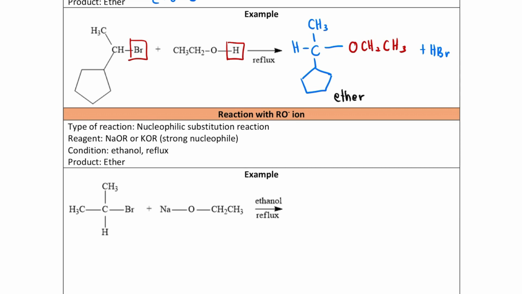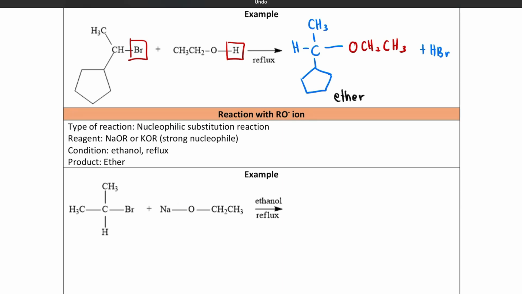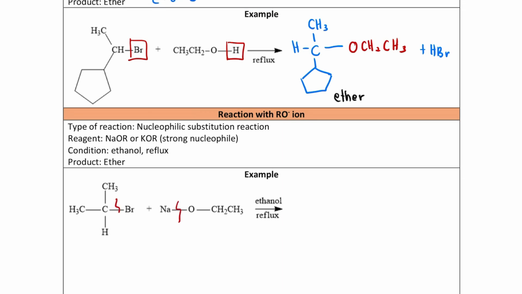So over here apa yang akan keluar adalah, Br ni akan keluar, kita tahu. So bonding antara NaO ni akan break, sebab our nucleophile adalah RO minus. So this whole thing, CH3CH2O minus adalah our nucleophile. So kita akan break the bond here. Ini putus, ini putus.